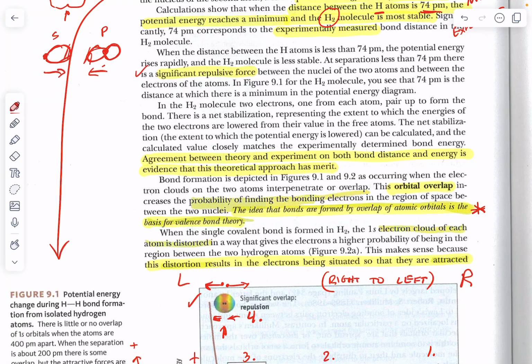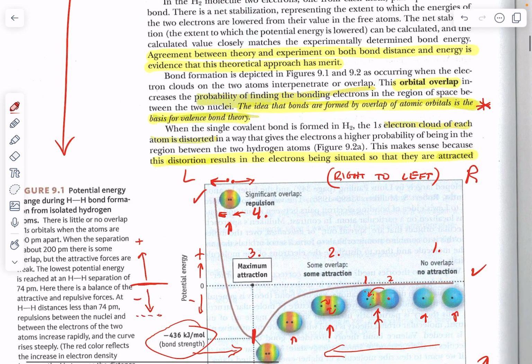And it's because you have to overcome the significant repulsive force. Let's see, we have this great agreement between theory and experiment. So we come up with these theories, we test them against experiments, and if our experiments support the theory, then we think we're on the right track.